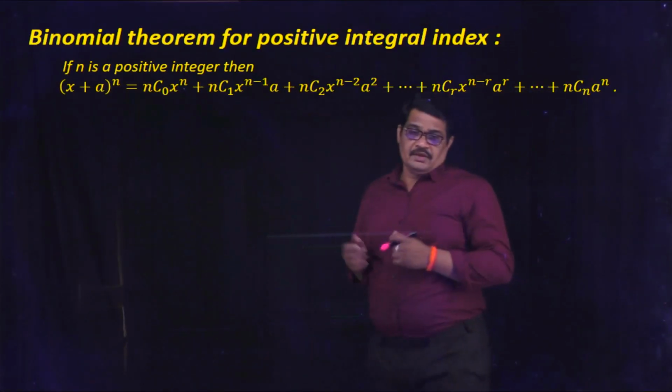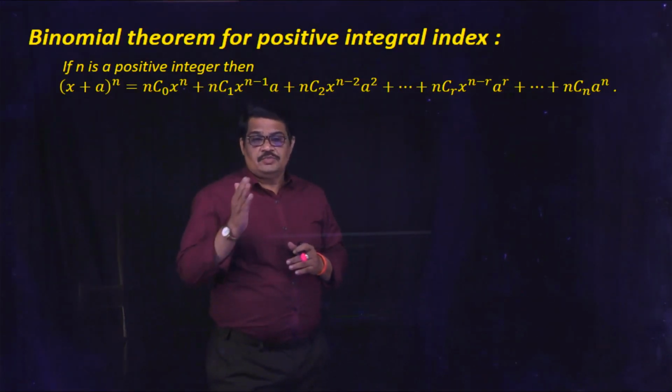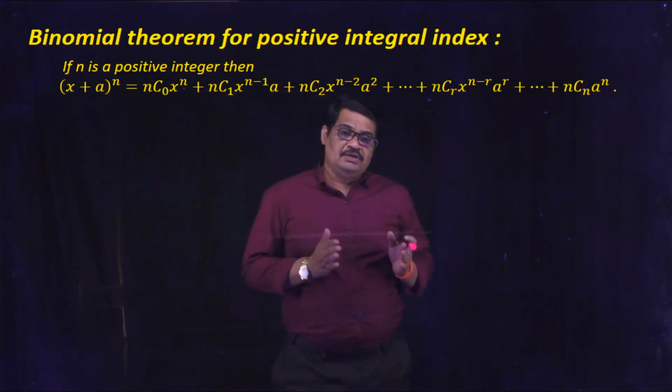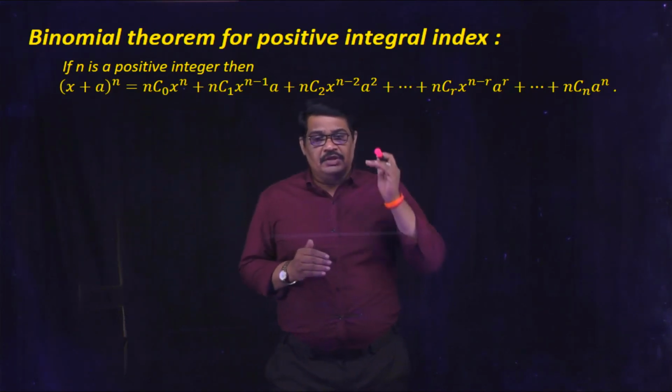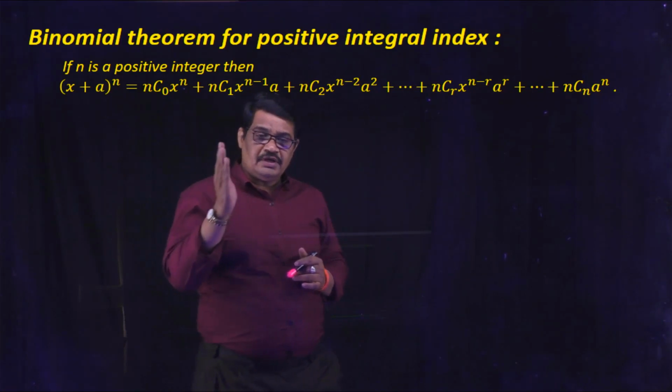What is the binomial theorem for positive integral index? What is the binomial? Bi means 2. The index is a positive integral value.